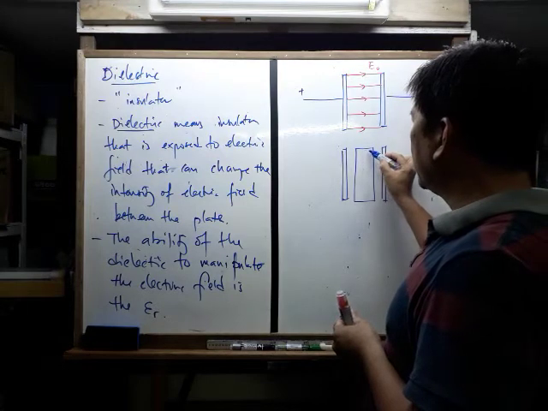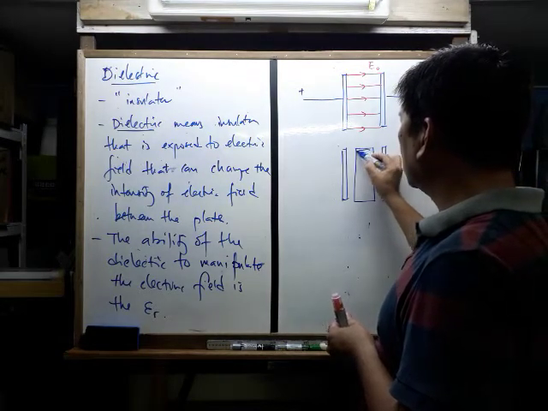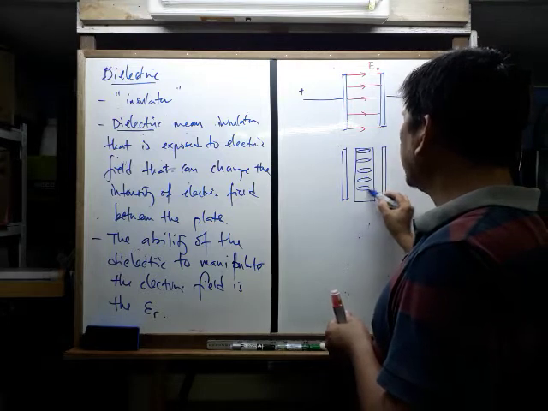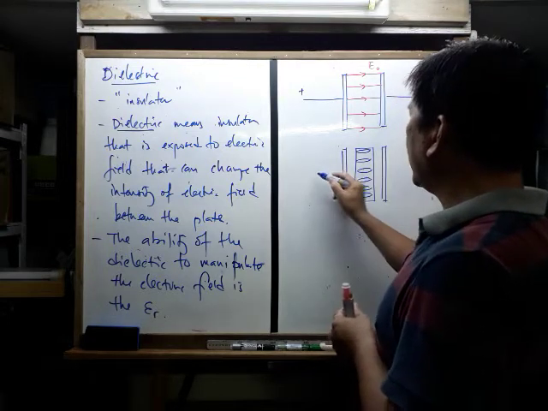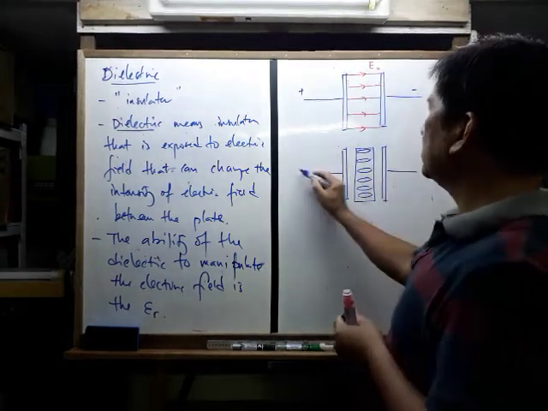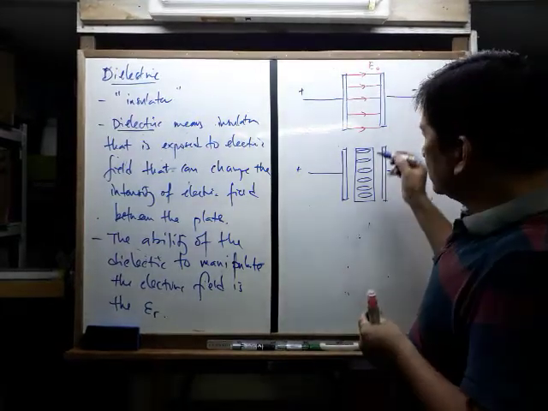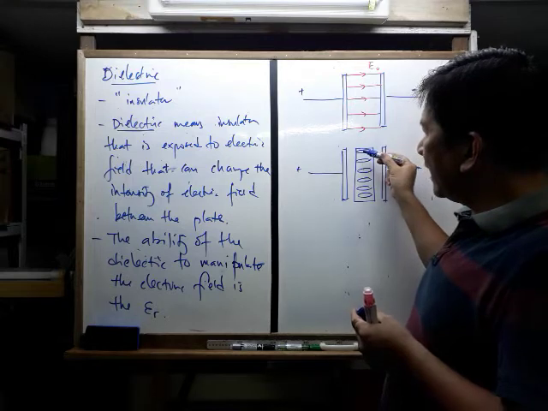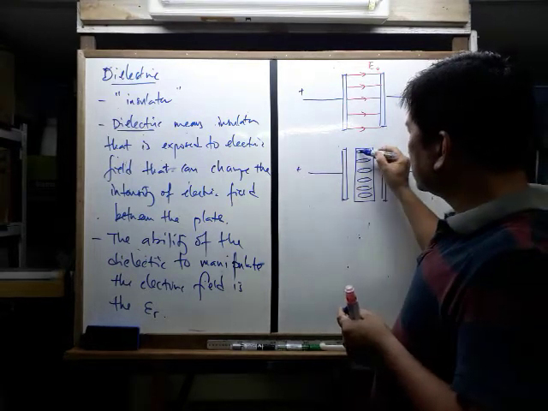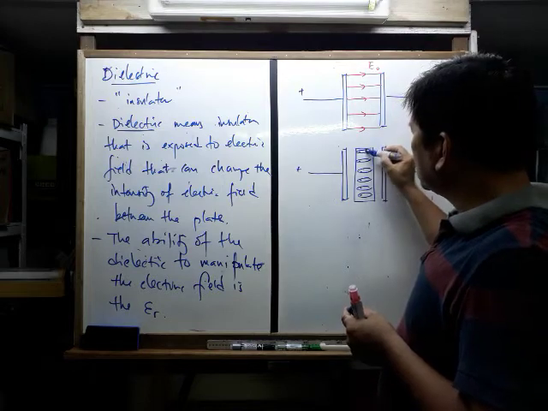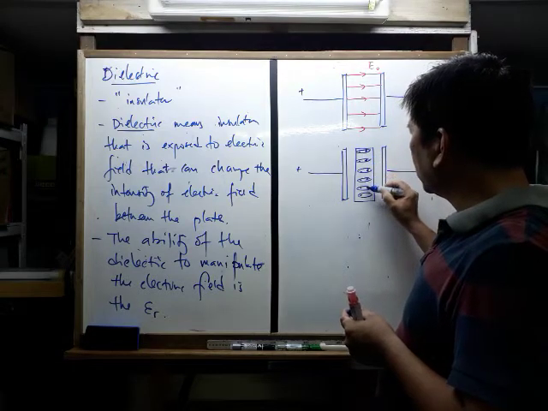So the molecules will line up, well, not entirely, they will line up according to the external electric field. The molecules are huge for most insulators, so the part lined up to the positive side is the negative part of the molecule, and this one is the positive part of the molecule.